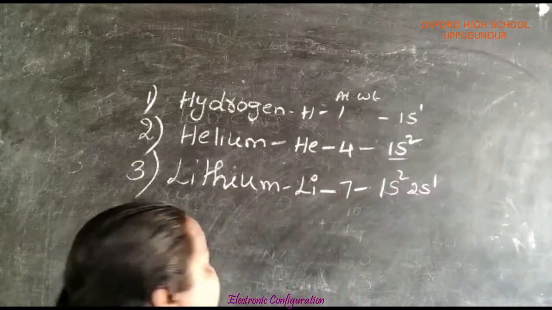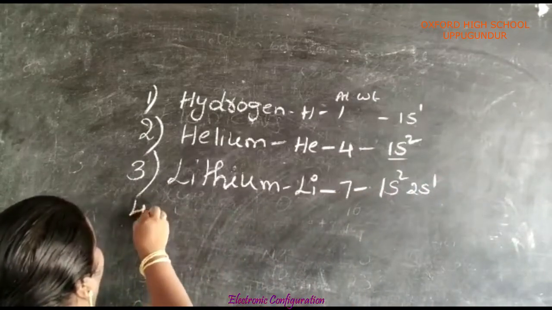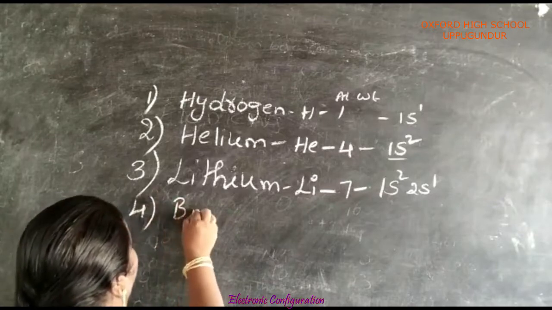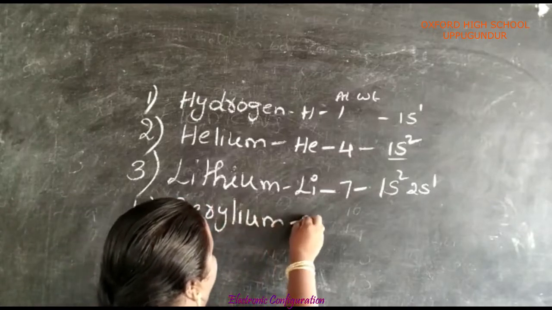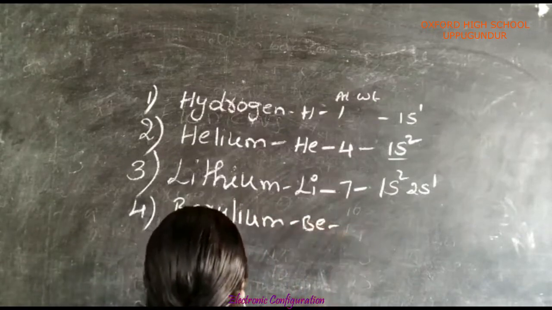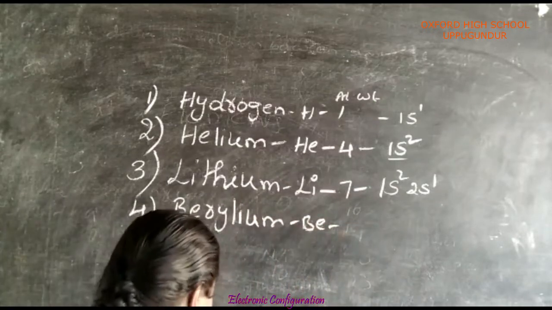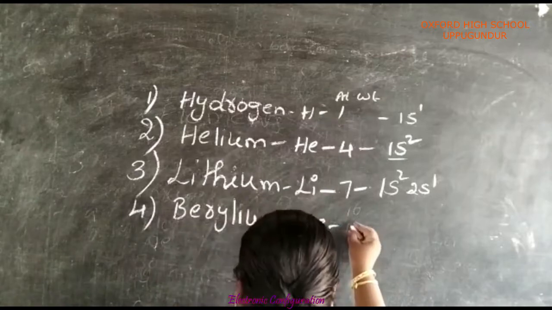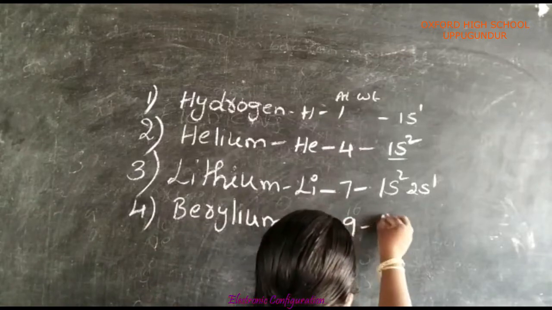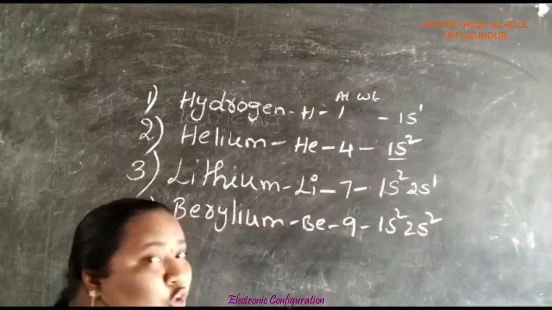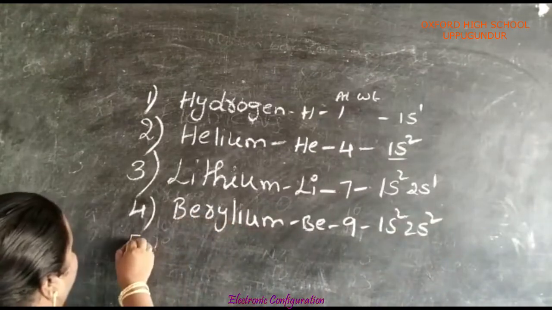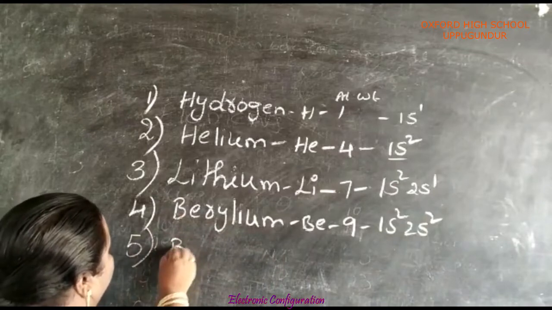Next, fourth one, beryllium. Be. The atomic weight is 9. The electronic configuration is 1s2, 2s2.